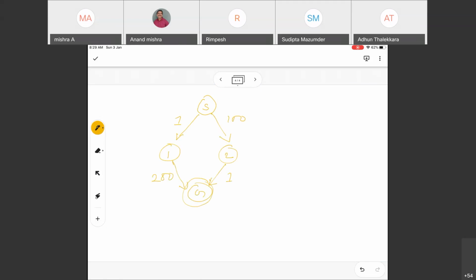In such a scenario, this greedy method, which is choosing the best at the current position, whatever is best, you choose that. So if, for example, 1 and 100, I will choose 1, and then 200. So 200 plus 1 is my cost. But if I had chosen this particular path, then my cost would have been 100.